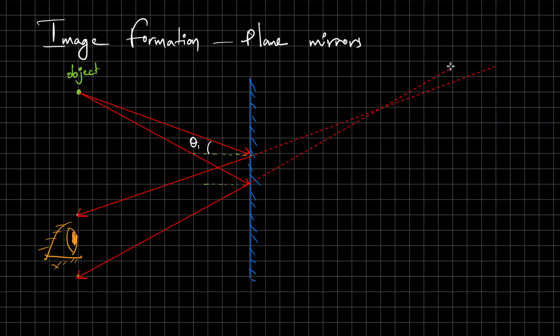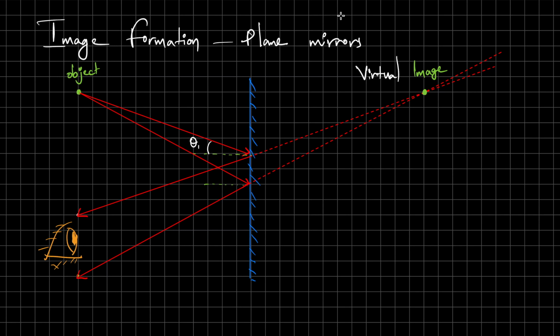Extending the second ray as well. An image is formed at the point of intersection of these two rays. So that's the image. What you actually see is an image behind the mirror. It's not real. So we call it a virtual image.